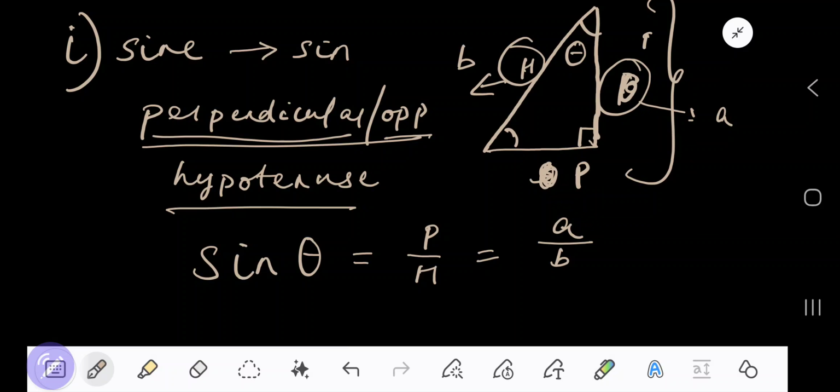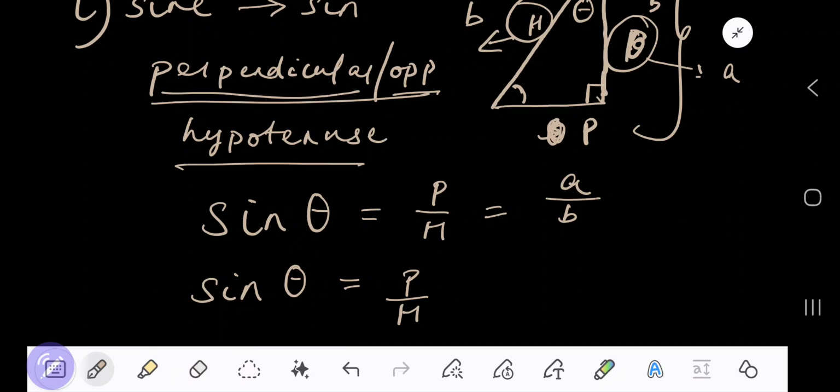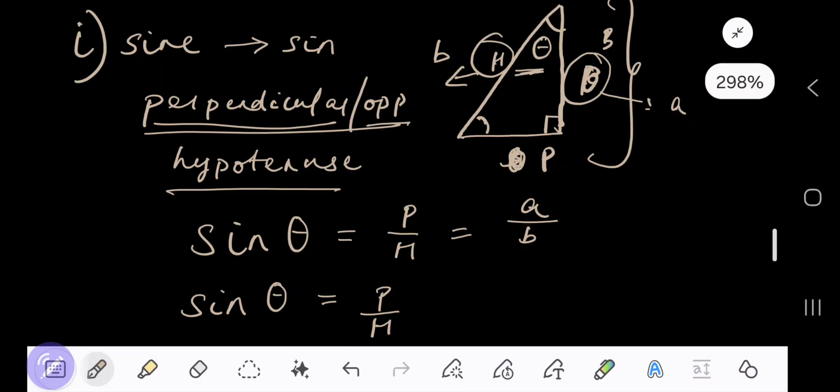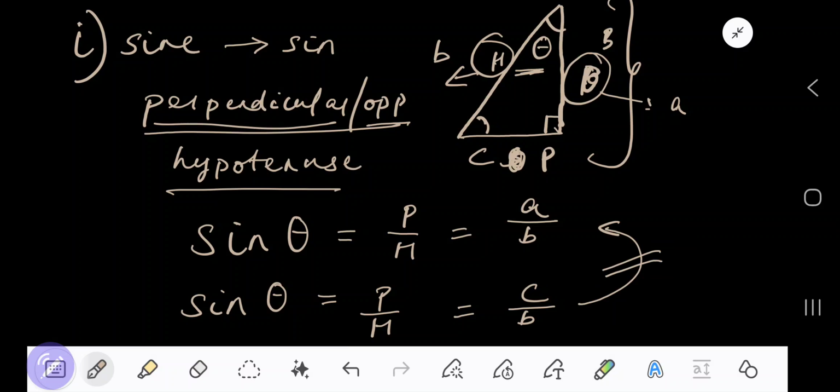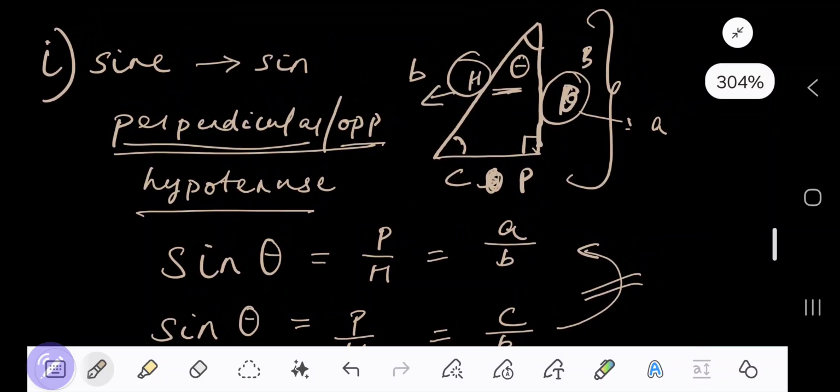This becomes your base. So it's important to know where your reference angle is. So in this case, where I just assigned the new theta over here, suppose this side is C, sine theta would be equal to C by B, not A by B. These both are not equal, remember. So you always need to see what reference angle you have and where it is.